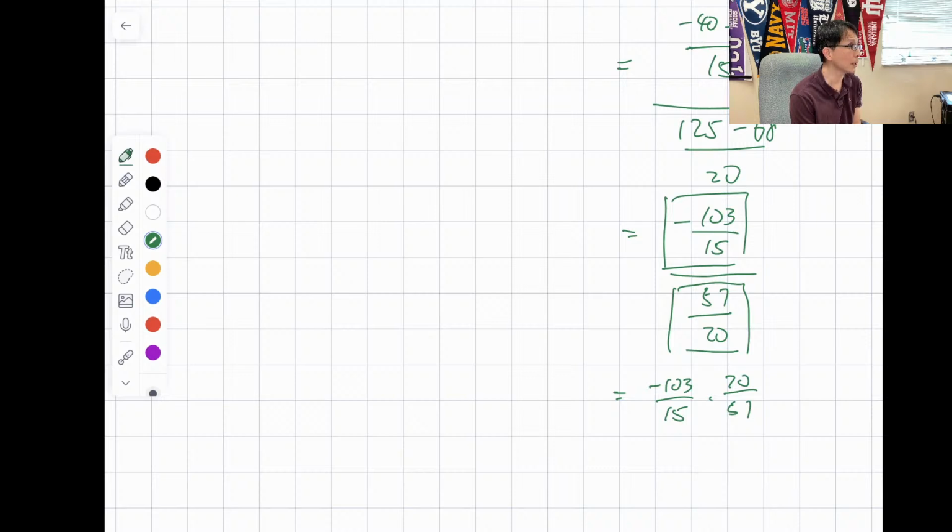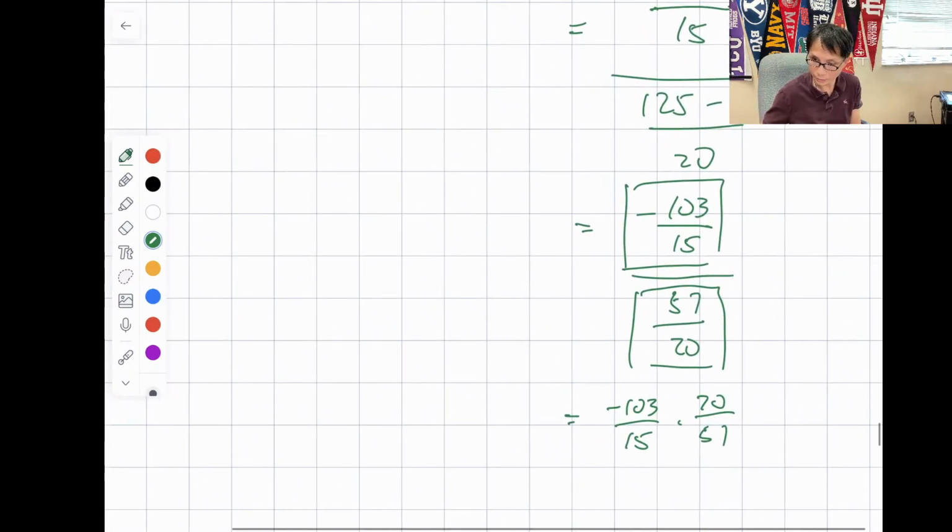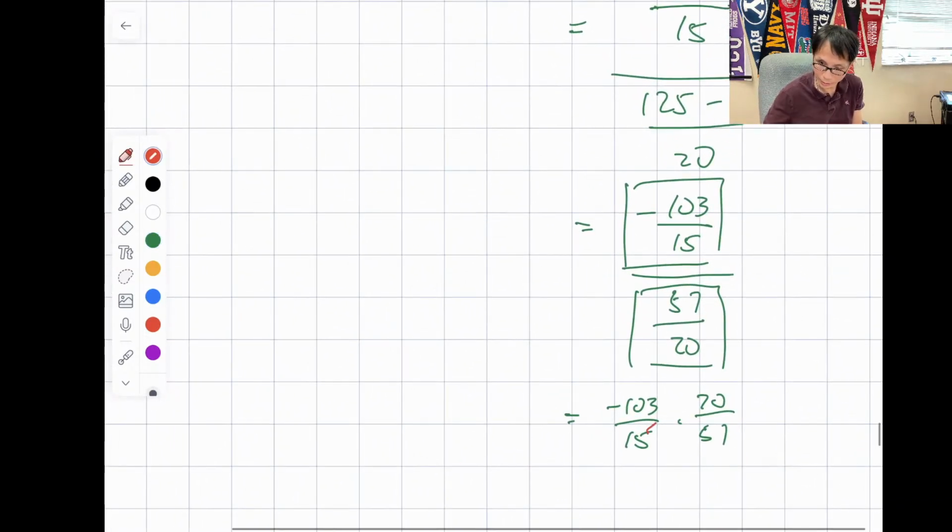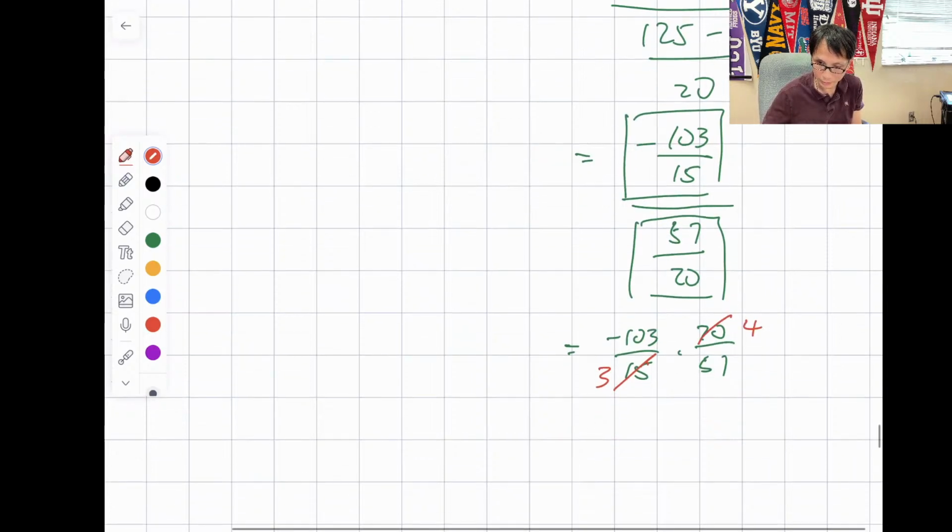Anything I can simplify? Yeah, 20 and 15, good. So that's going to be 3 and 4, right? So it'll be negative 412 over 3 times 57, so it'll be 171, I believe, and that should be your final answer.